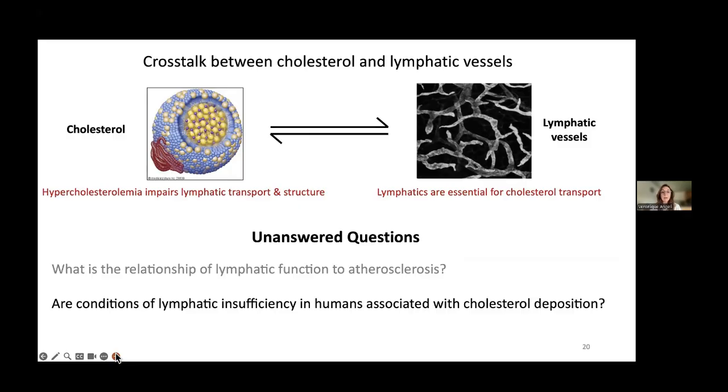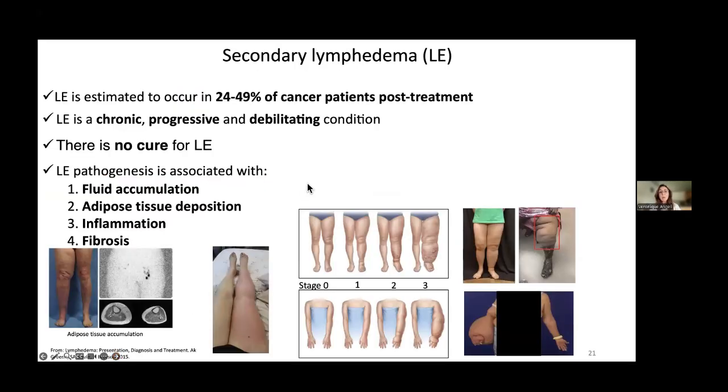And we focused on secondary lymphedema. Secondary lymphedema is a condition that occurs in cancer patients post-treatment, in about 20-40% of patients, and this is because during the tumor removal, sentinel lymph node removal, and radiotherapy, the lymphatic vessels are altered and this induces impaired lymphatic drainage, which results in fluid accumulation as shown here in these pictures.